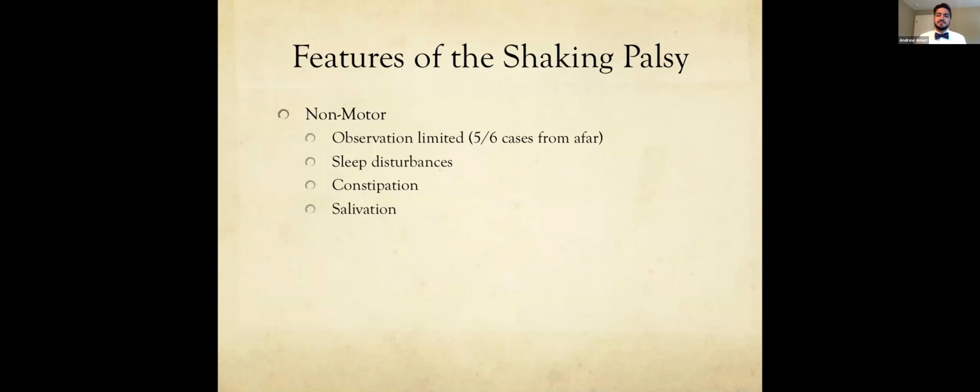I do wonder if some of this was REM sleep behavior disorder or purely tremor that was untreated. He notes pretty bad constipation that got very bad towards the end of the disease, and also hypersalivation. Now, a lot of you may know that salivation is also mostly actually a motor problem, and Dr. Parkinson correctly identified this, noting that it was more of a trouble of swallowing.